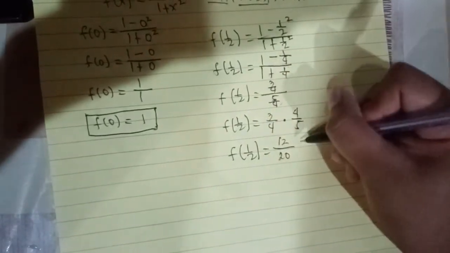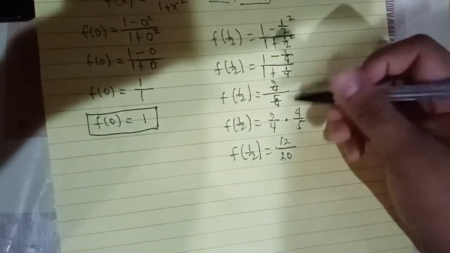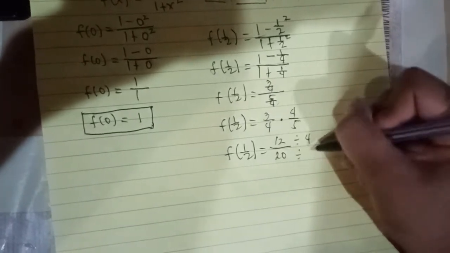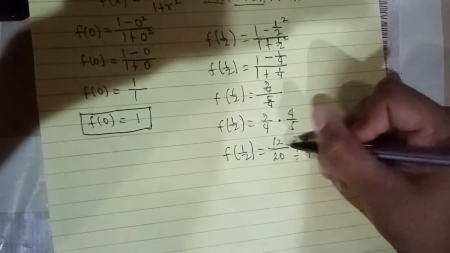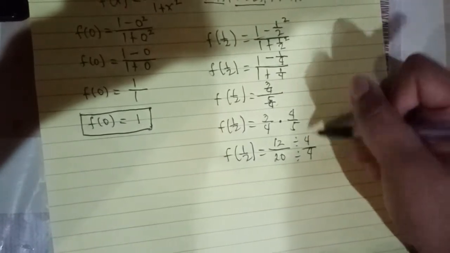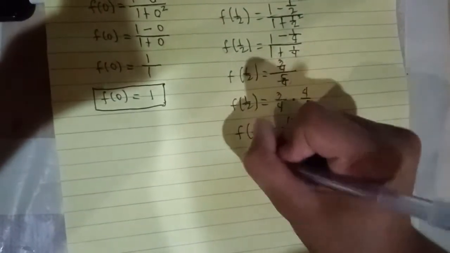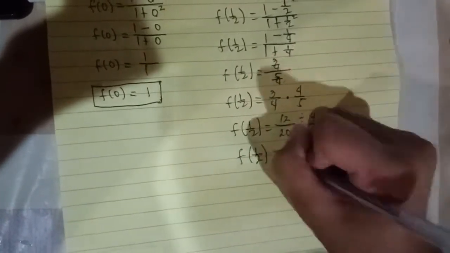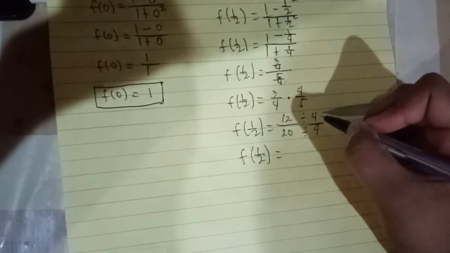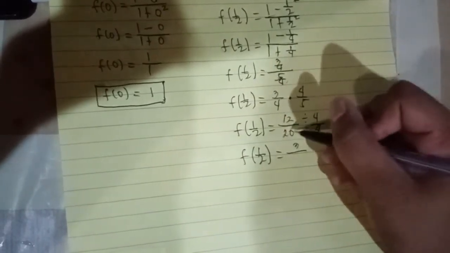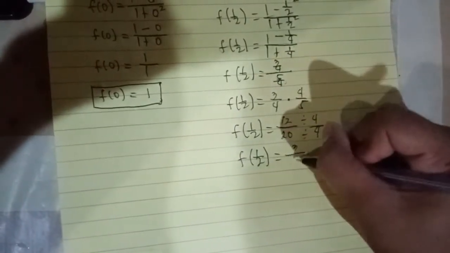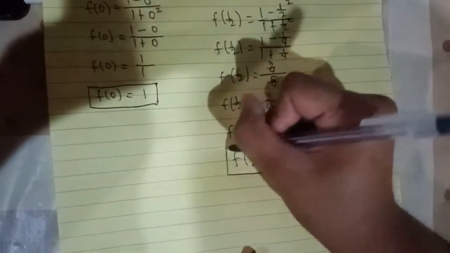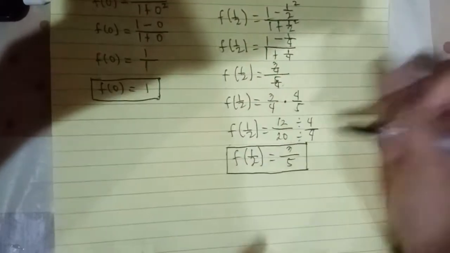So we are going to simplify this. We are going to divide it by 4 since both the 12 and 20 are divisible by 4. So 12 divided by 4 is 3 over 20 divided by 4 is equal to 5. So this is now our answer. So f of 1 half is equal to 3 over 5.